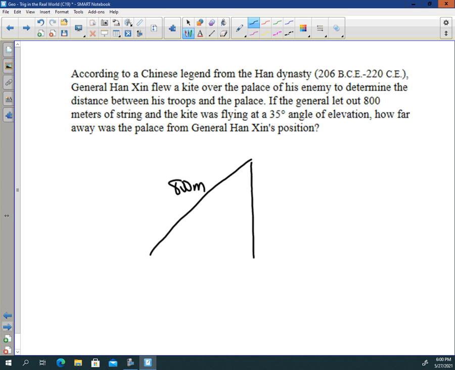And we're trying to figure out how far away the palace is from the position of the general. And when the general's looking up, he's looking up at a 35-degree angle. So there you go. We're trying to find this one because we're trying to figure out how far away that palace is. And there's your right triangle.